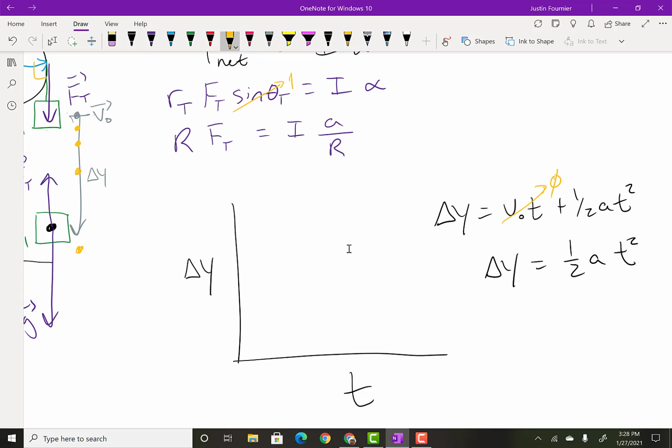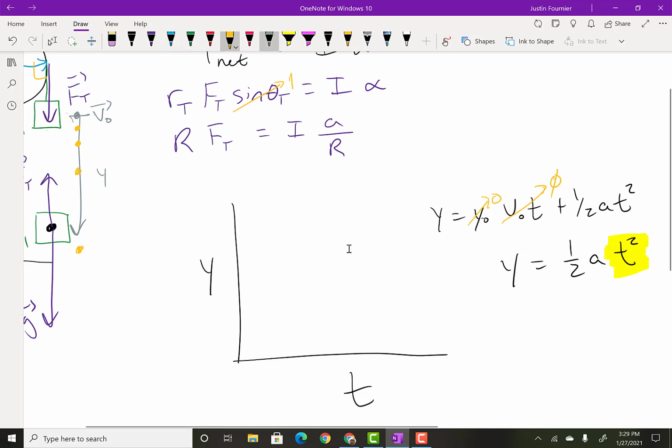The thing that I'm changing is the time. I'm controlling the time. I'm saying every 0.2 seconds that goes by, I'm measuring the position, where my initial position is going to be 0.